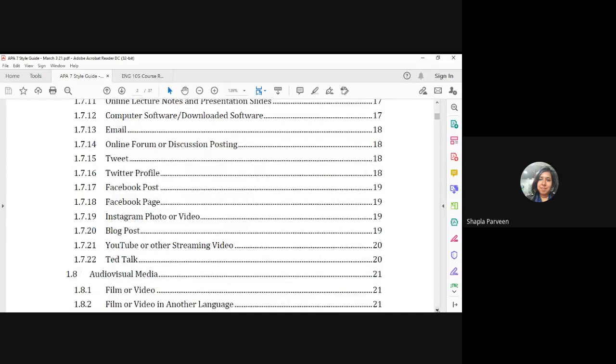These are the new ones. These were not in the 6th edition: Twitter profile, Facebook post, Facebook page, Instagram photo, video, blog post. It depends on what you are writing, what the topic is that you are writing on. Based on that, you may need to borrow information from these sources, or you may not.